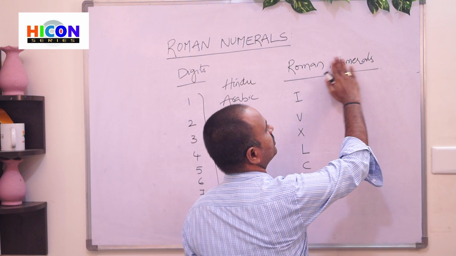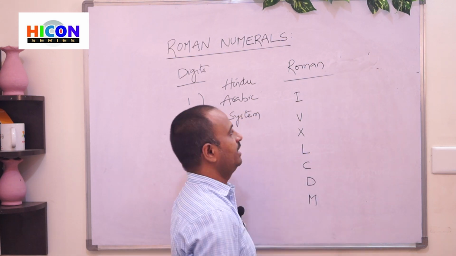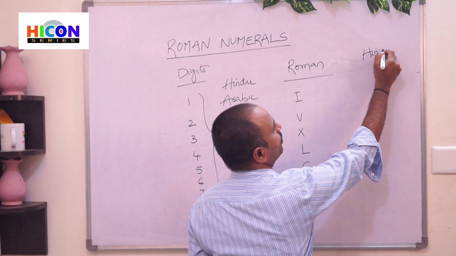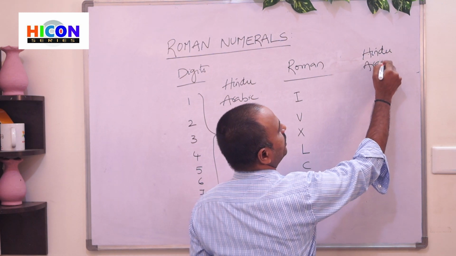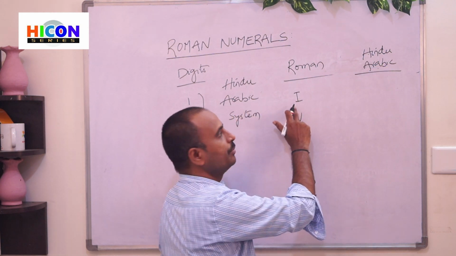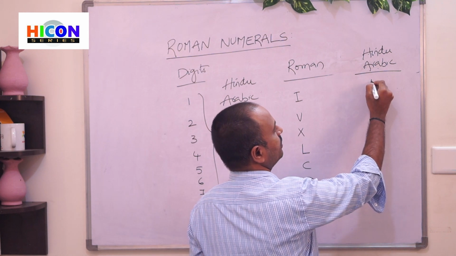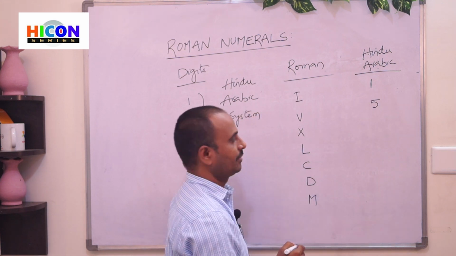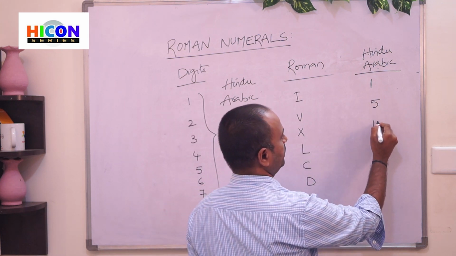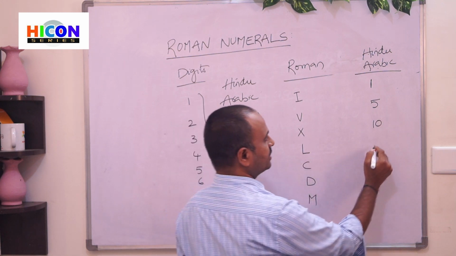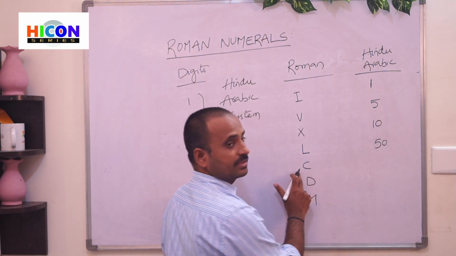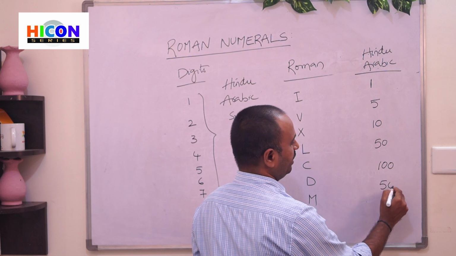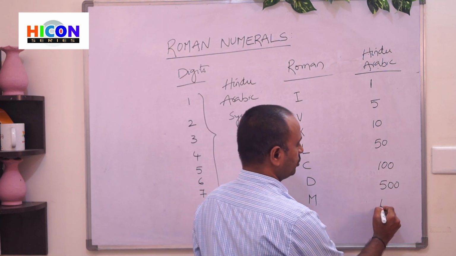In the Hindu-Arabic system, I means 1, V means 5, and X means 10. L means 50, C means 100, D means 500, and M means 1000.